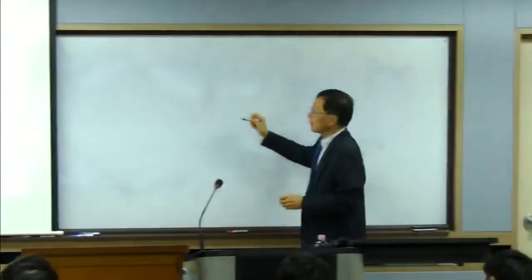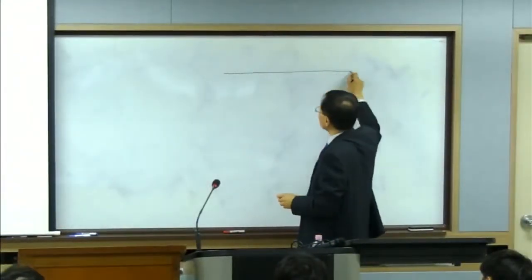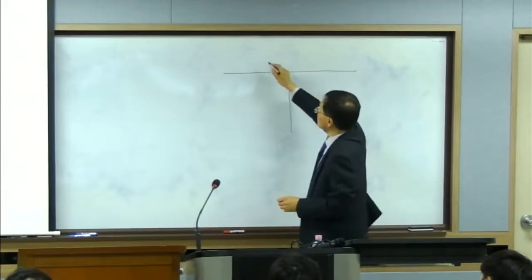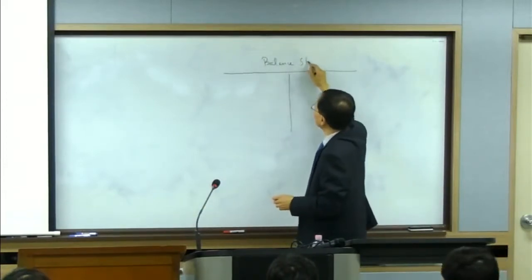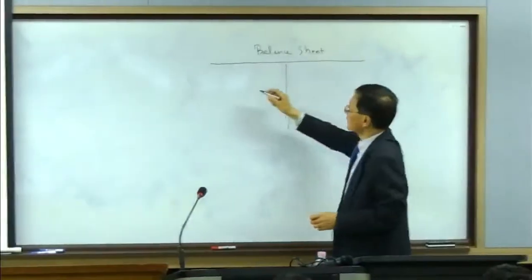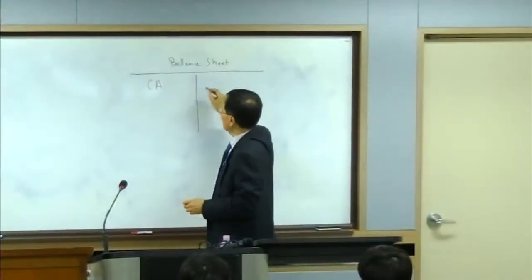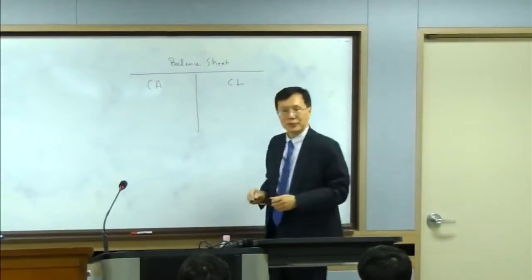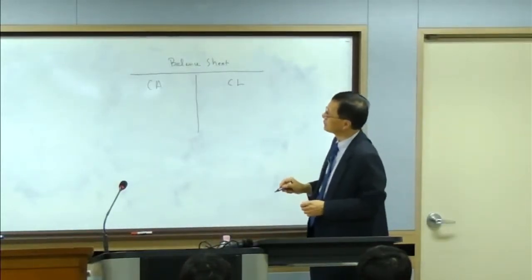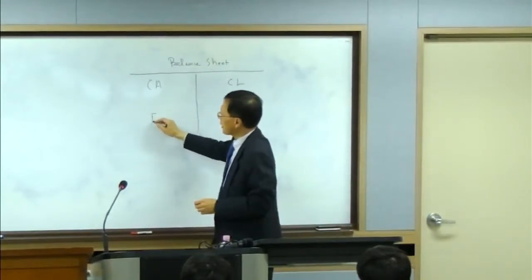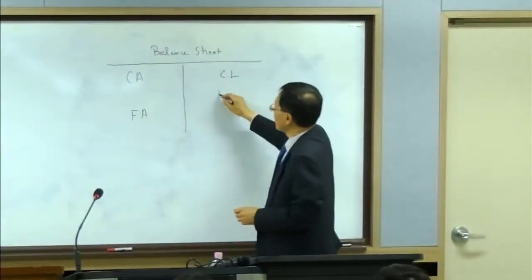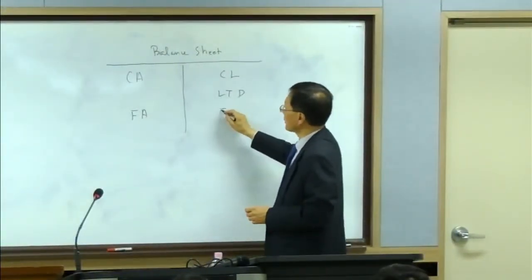Let me draw a very simplified balance sheet. Here's current assets and here's current liabilities. And here's fixed assets and long-term debt and equity.